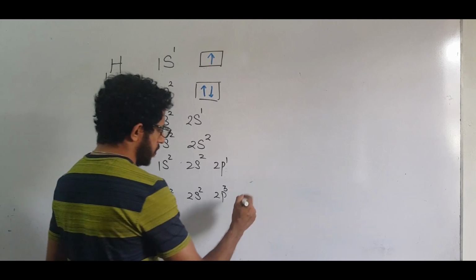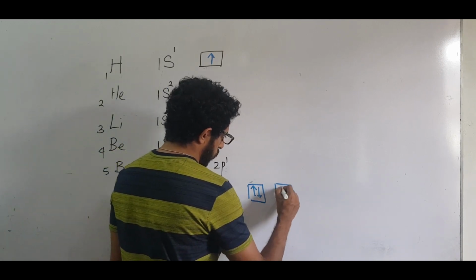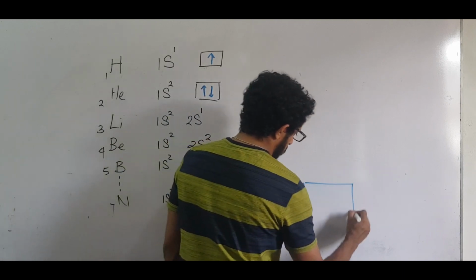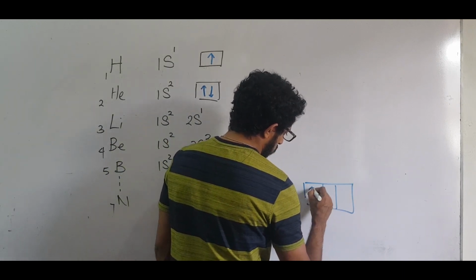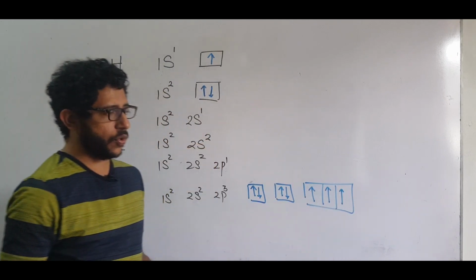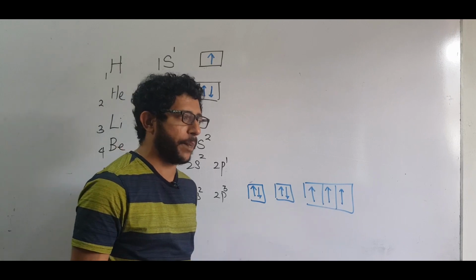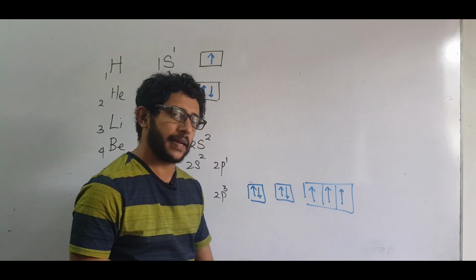If you are asked to draw this one, 1s2, 2s2, 2p3, 1, 2, 3. Remember, according to Hund's rule, each orbital should have one electron before they pair up. So you have to have one electron at least there.